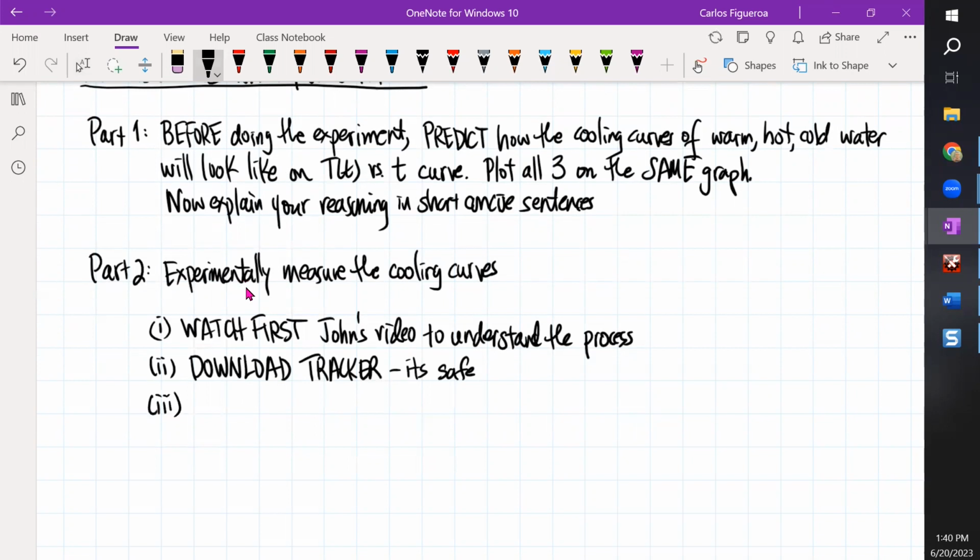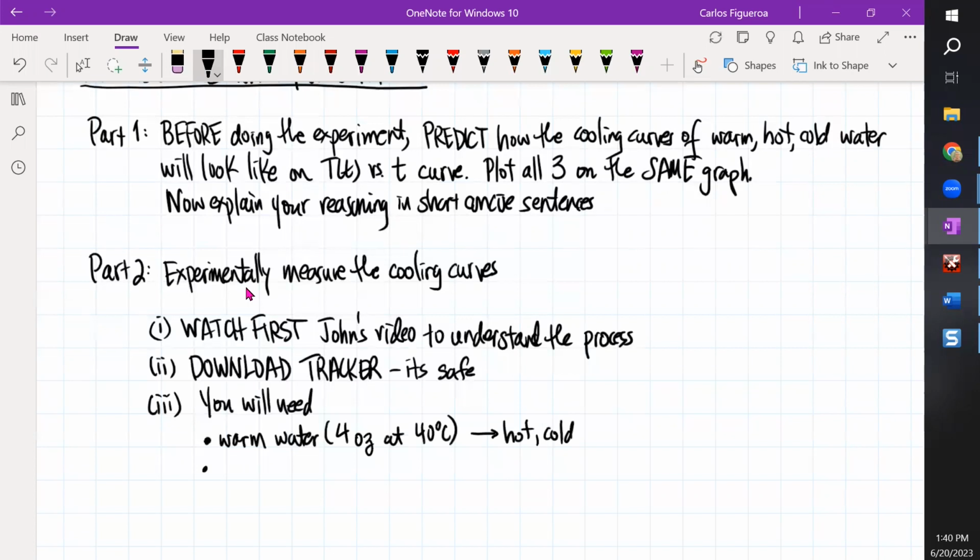And then finally, you will need warm water. So I'm talking about four ounces at about 40 degrees C. And then, by the way, you're also going to need hot water and cold water.